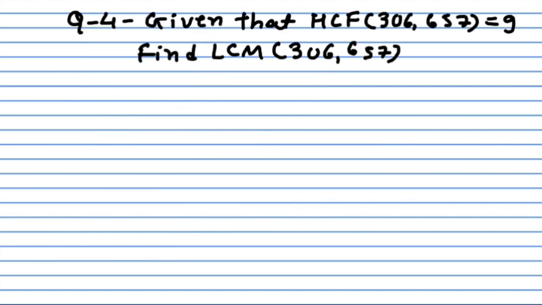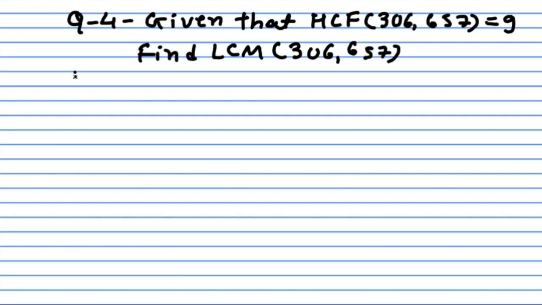Now let us see question number 4. It is given that the HCF of 306 and 657 is equal to 9. So find the LCM of 306 and 657. For that, we will use one equation.